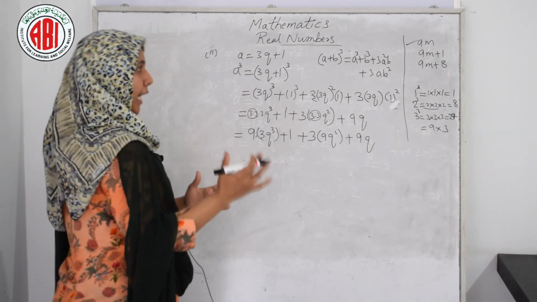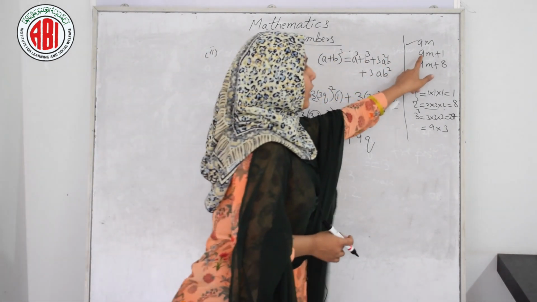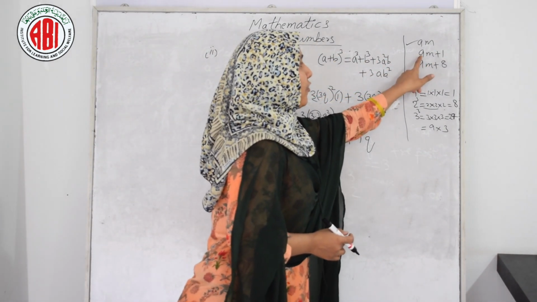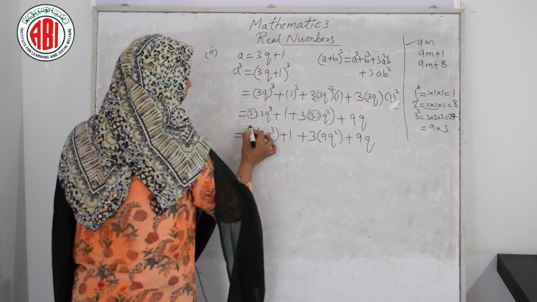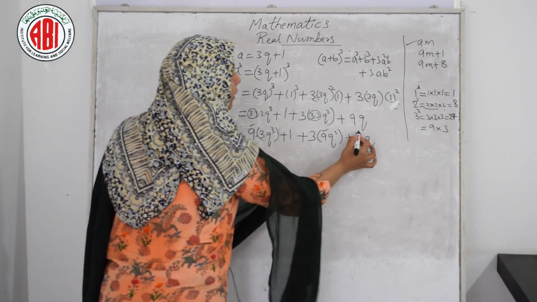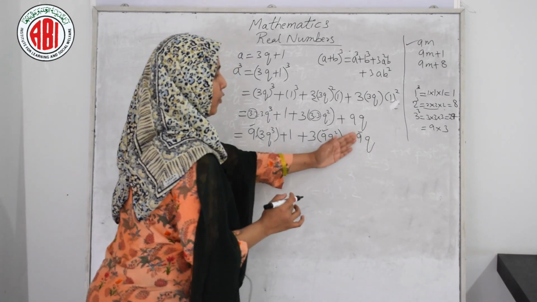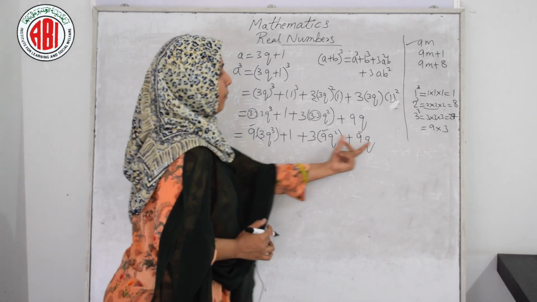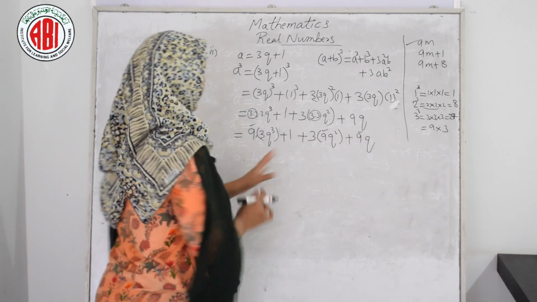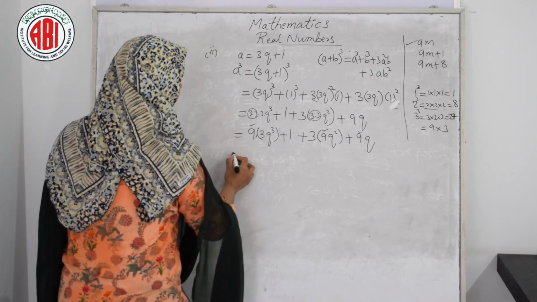We have to take 9 common because in the question you have to prove 9m plus 1. Can you see here we are having 9 here, 9 here, 9 here. In these three terms we can take 9 common, because this is complete one term, this is also one term, this is also one complete term.